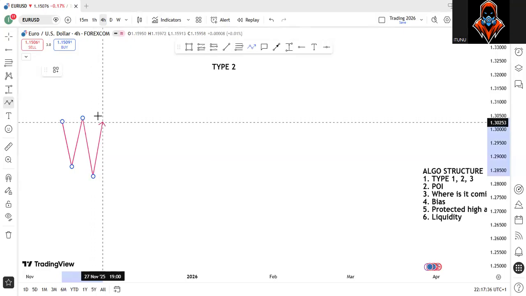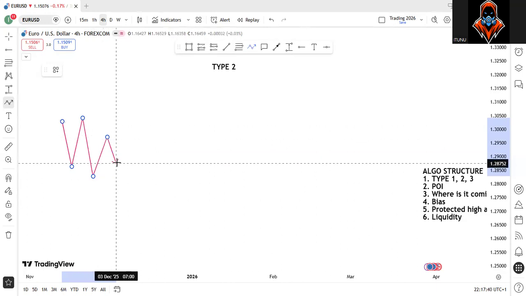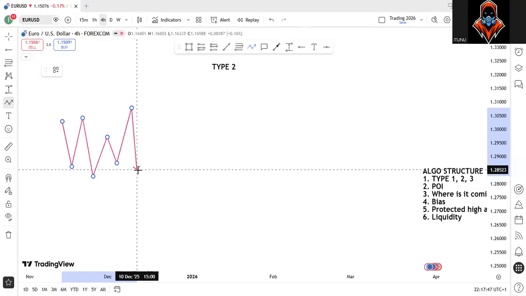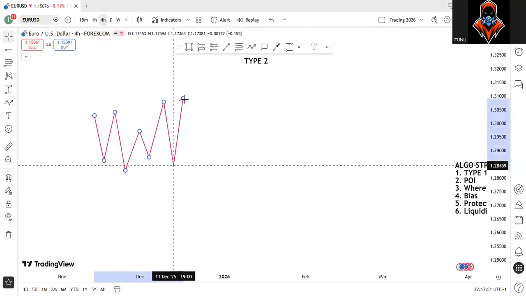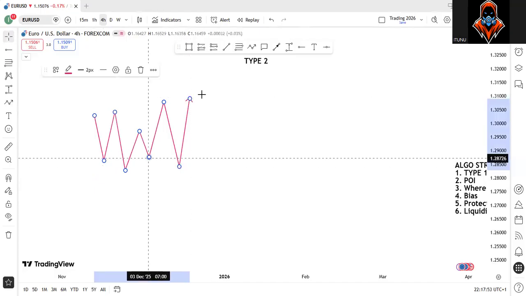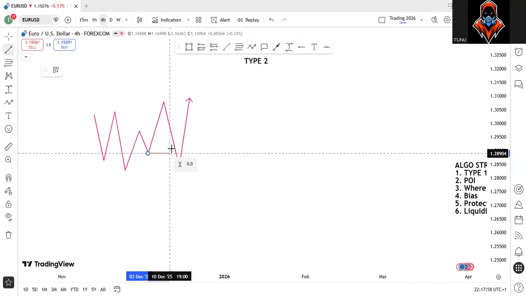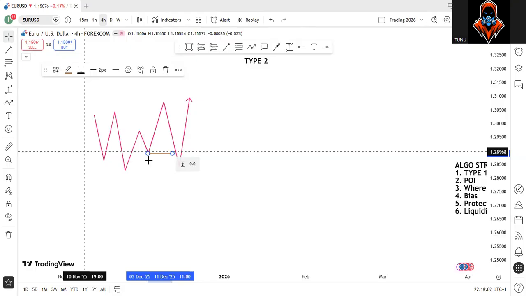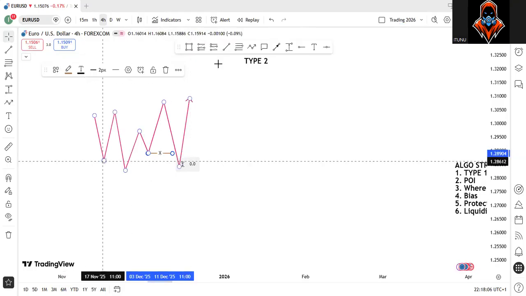Then before taking out this high, the market creates a substructure. The market retraces to take out the overall target. This substructure would be considered our liquidity. This is our sweep.